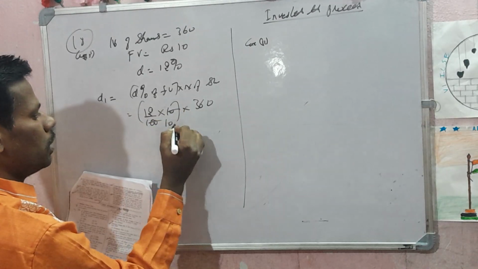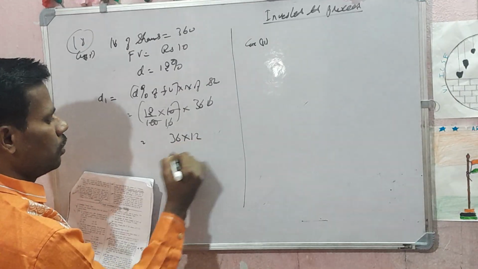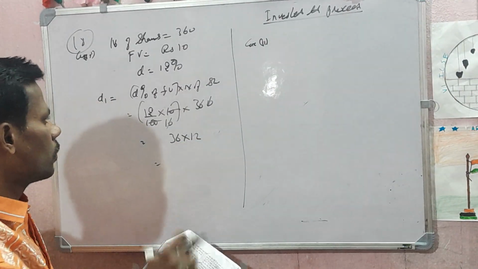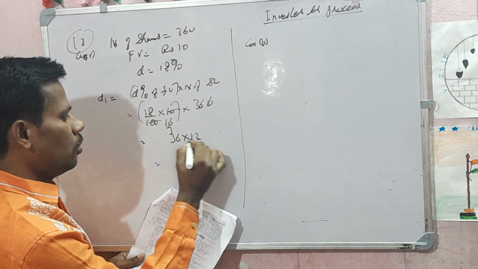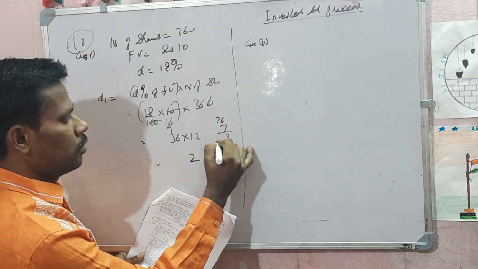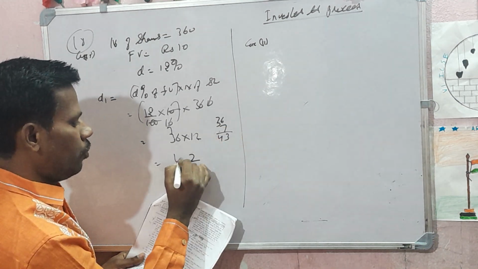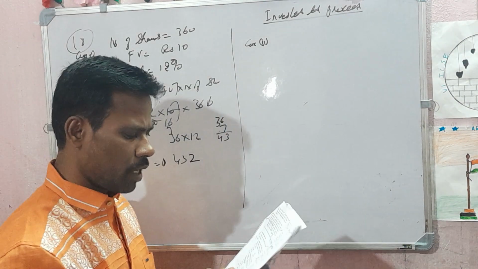So 10 ones are 10, tens are 0, 0 cancel. 36 into 12, multiply this. 12 sixes are 72, 12 threes are 36. 36 plus 7, 432. 432 is the answer. Next case 2. Come back to this.